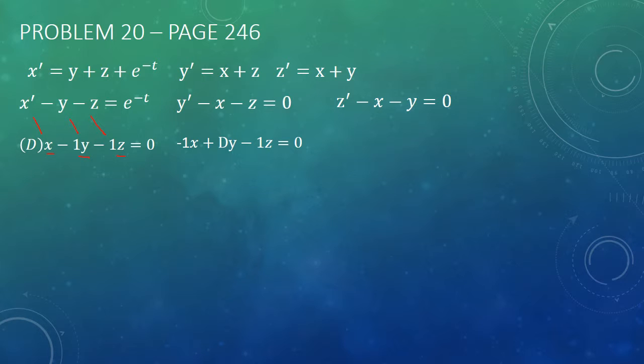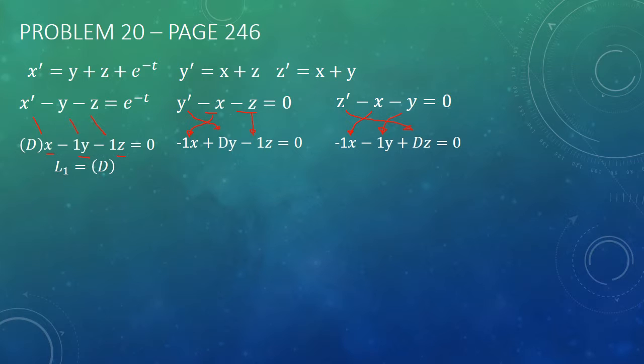So my x operator in the second equation is -1. My y operator is a d, and my z operator is a -1. And then if we look at z, my x operator is again -1, my y operator is a -1, and my z operator is d.